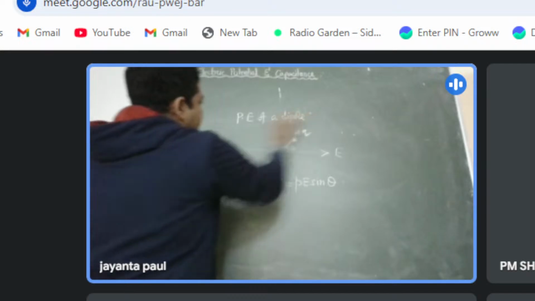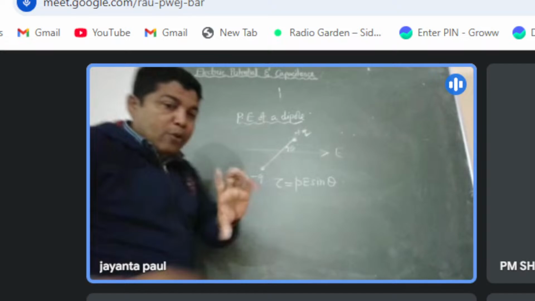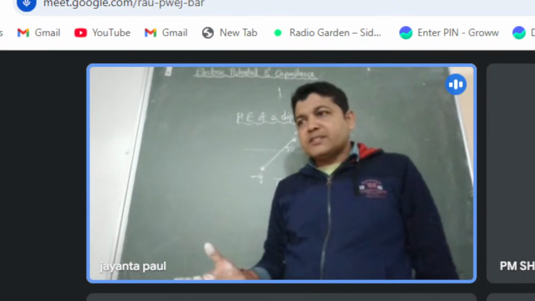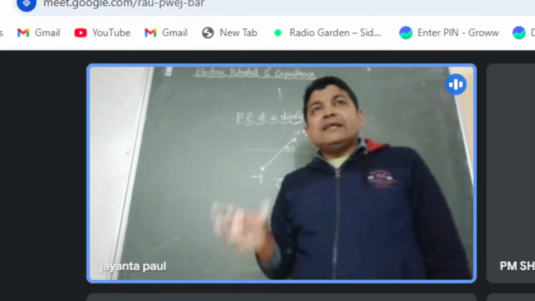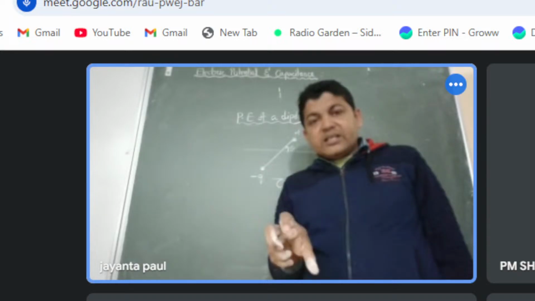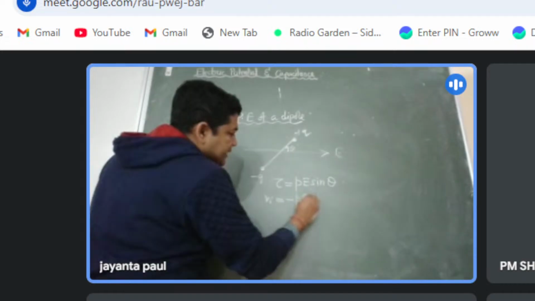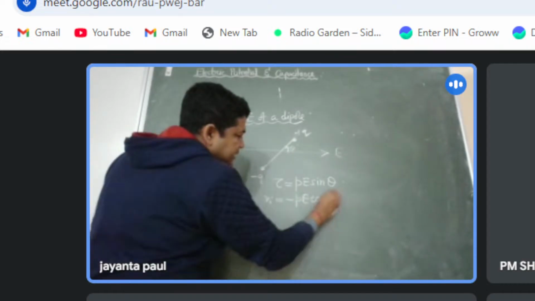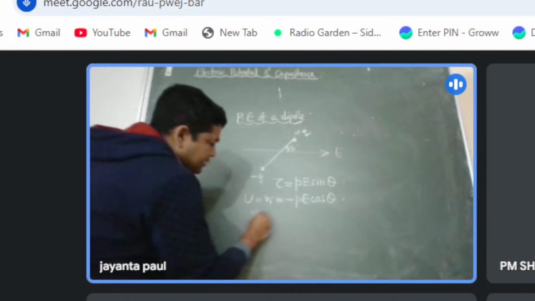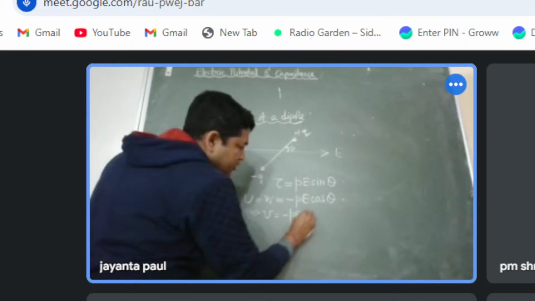Potential energy is the amount of work done, as you have been studying since class 9. The amount of work done in rotating an electric dipole in an electric field is stored in the form of potential energy, and that work done comes out to be minus PE cos theta. So this work done is the potential energy. For an electric dipole, it is minus PE cos theta.